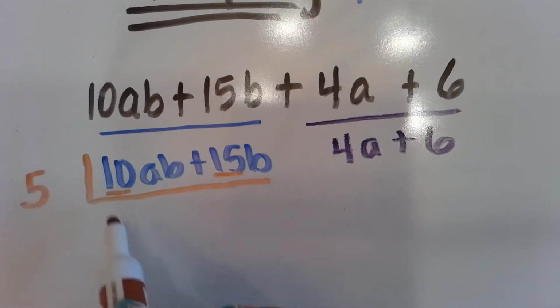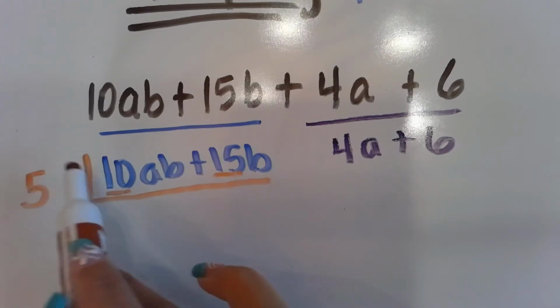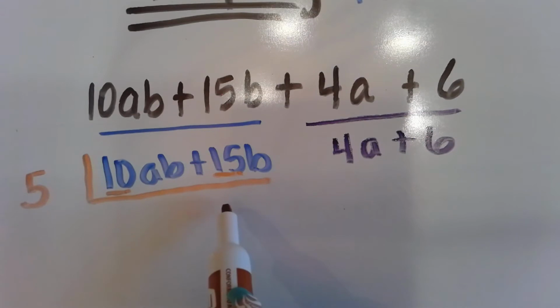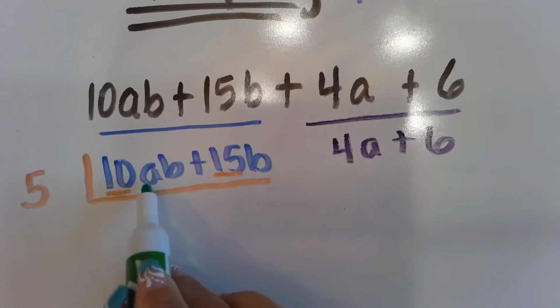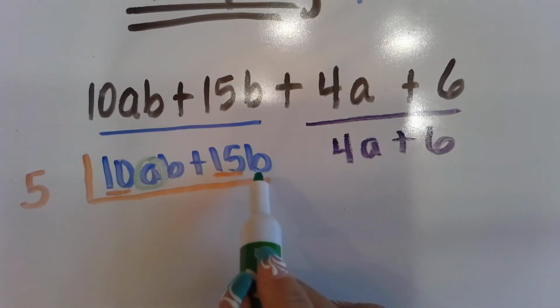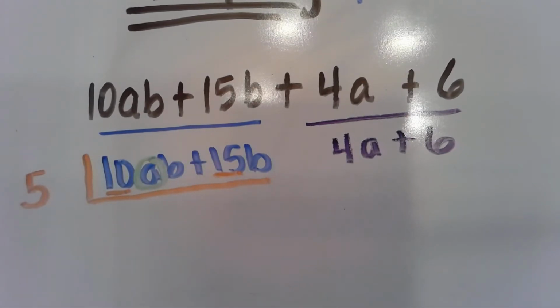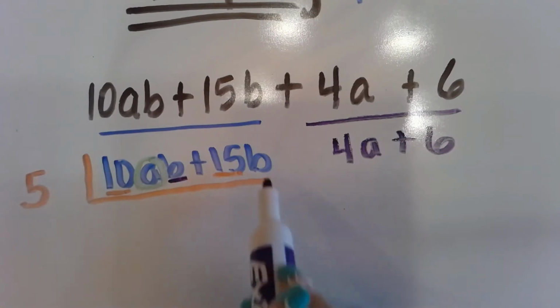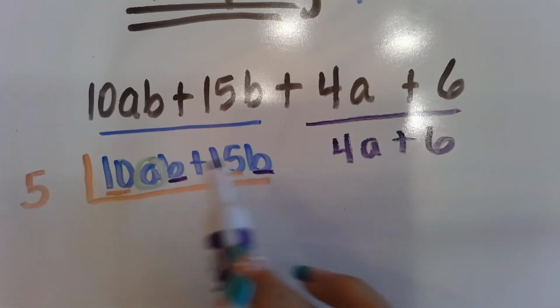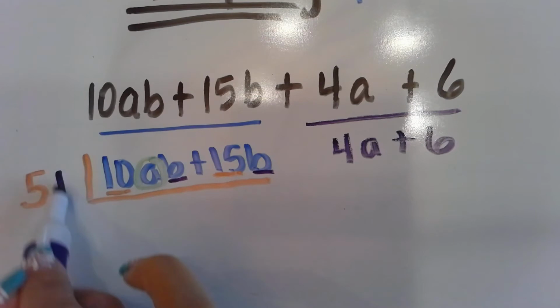So 10 divided by 5 is 2, and 15 divided by 5 is 3. So we know that one. Now let's look at the variables. This one has an A right here. This one does not have an A, so we're going to leave it. Let's look at the next one. This one has a B, and this one has a B. They both have the B, so we can pull out our B.